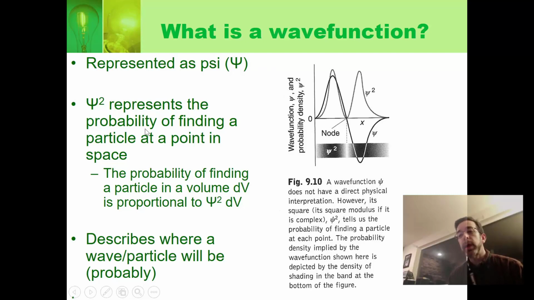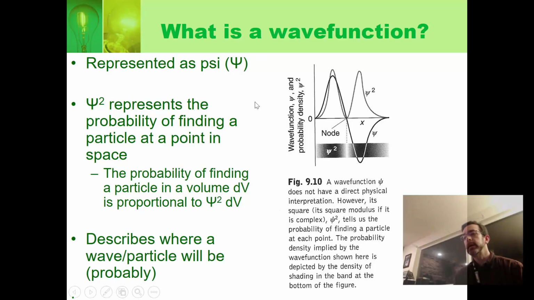Psi squared is the probability of finding a particle, the electron, at a particular point in space. And so it's actually a function we can do a little calculus. The probability of finding a particle in a volume dV is proportional to psi squared dV. And if you solve that, you have the expression for where the electron is. What is the shape of the atom?